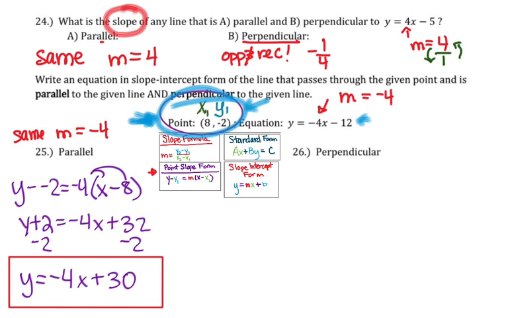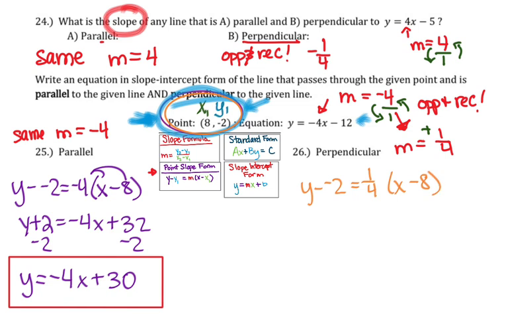So we know how to do this because we take the slope and we make it opposite reciprocal. If it's negative 4, then it has to become positive, right? It has to become a positive, and then we flip it over, a positive 1/4. And we use the same point, right? Opposite reciprocal, same point.